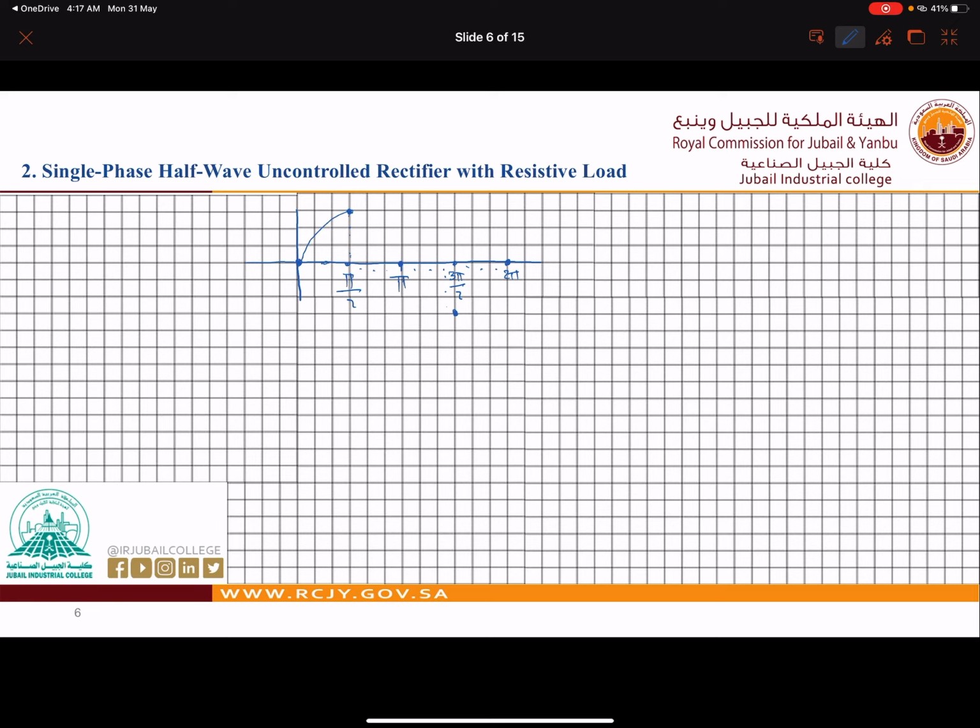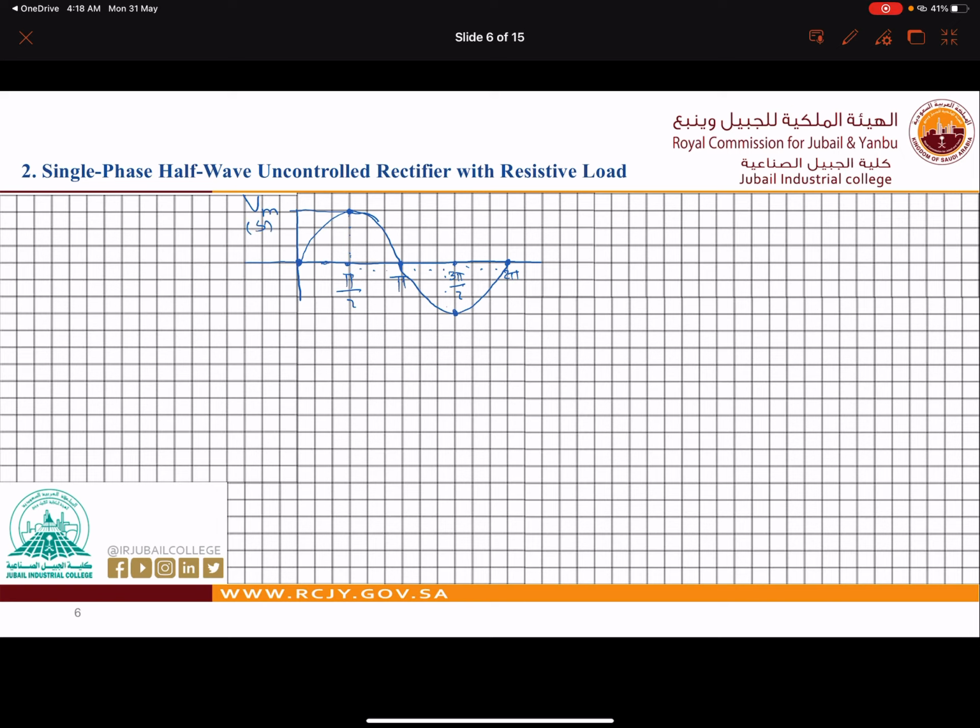Then it will go like this, and this is our AC supply. This is for the voltage, this is V maximum, but this is for the supply.